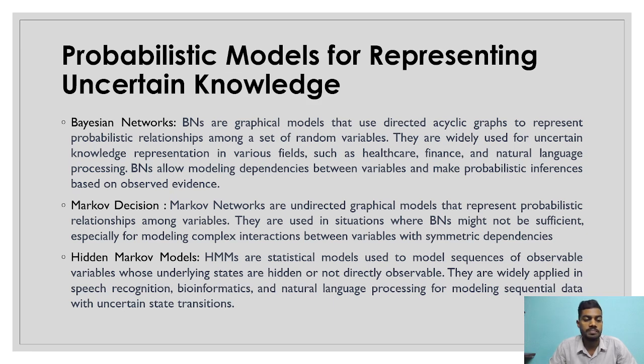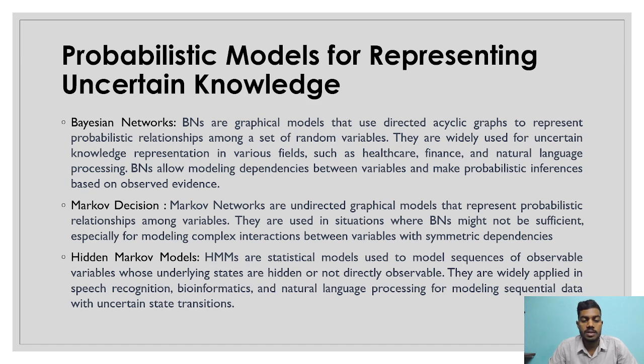Markov networks. Markov networks are undirected graphical models that represent probabilistic relationships among variables. They are used in situations where Bayesian networks might not be sufficient, especially for modeling complex interactions between variables with symmetric dependencies. Hidden Markov model.